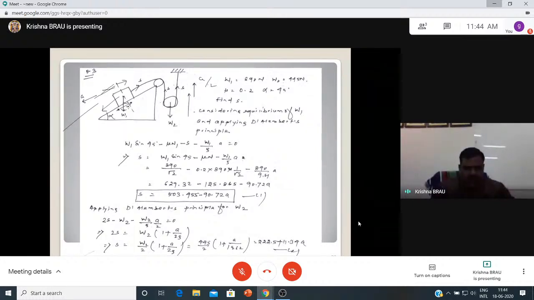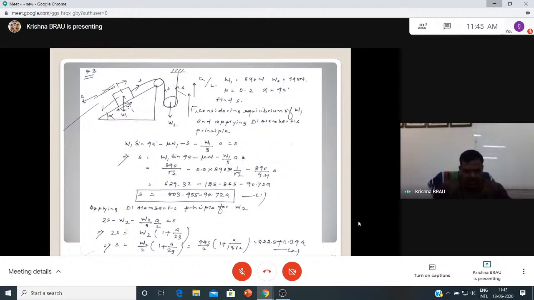Now see, this is the inertia force direction, and these two are in the same direction. That's why 2S plus F minus W by g into a, where a is the acceleration.